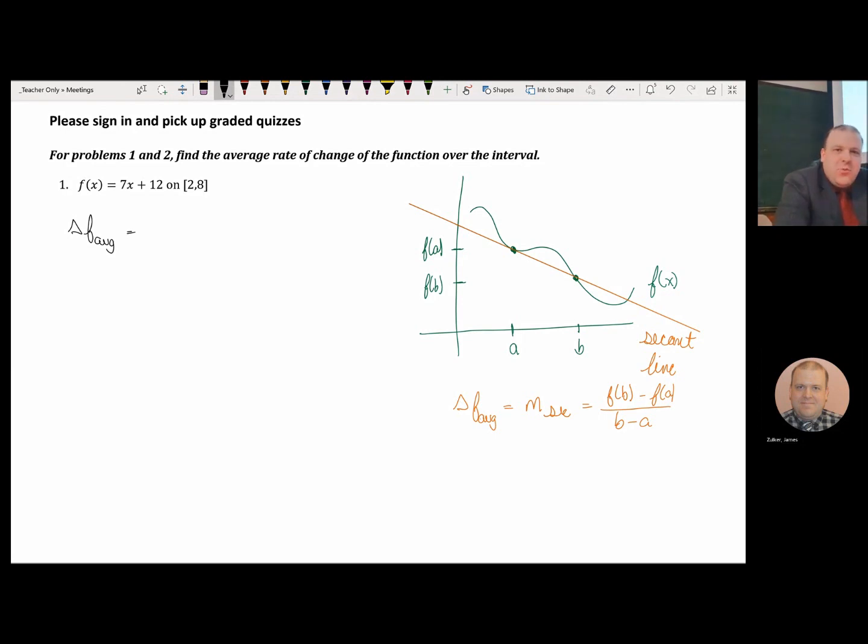Average rate of change, 7x plus 12 on the interval 2, 8. It's just change in the f value divided by change in the x value. F of 8, 7 times 8, 56, plus 12, 68.